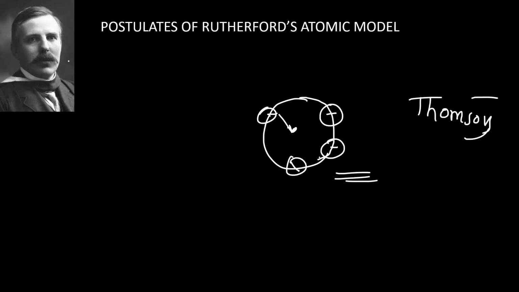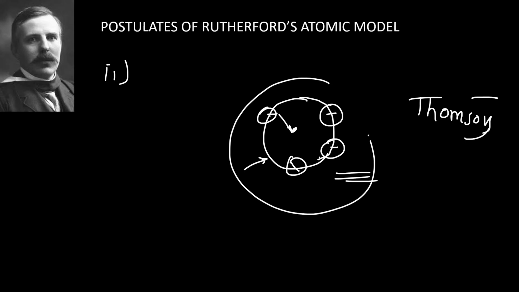So the second postulate he made was that the nucleus is surrounded by electrons that move around the nucleus with high speed in circular paths, and he called these circular paths orbits.